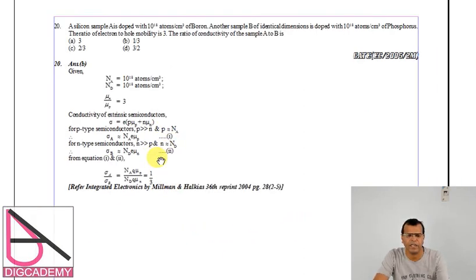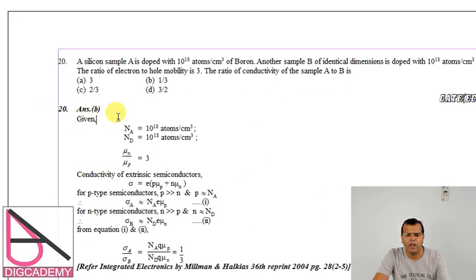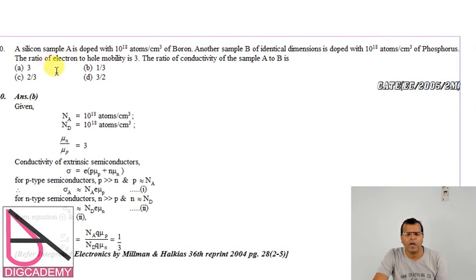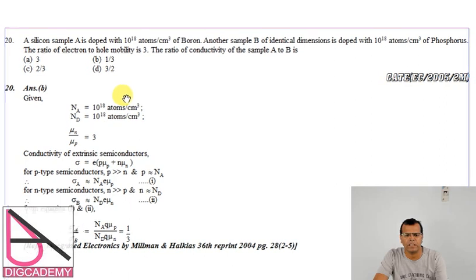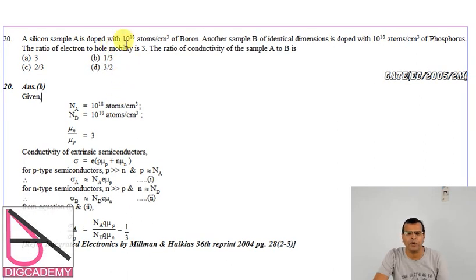Then let us see the next question. Here a silicon sample A is doped with 10^18 atoms per centimeter cube of boron. Boron is basically an acceptor impurity, from the third group of the periodic table. Another sample B, of identical dimensions, is doped with 10^18 atoms per centimeter cube of phosphorus.